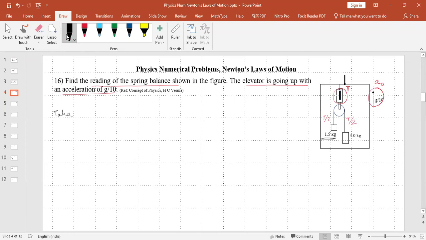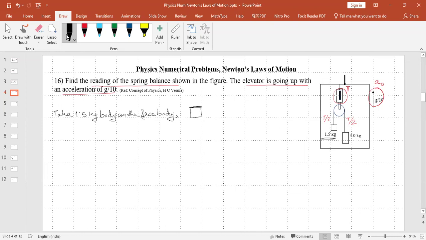We write this way: take the 1.5 kg body as a free body. Then what is the diagram of it?